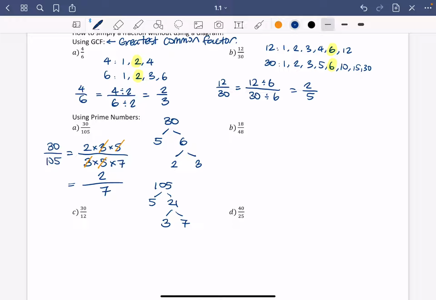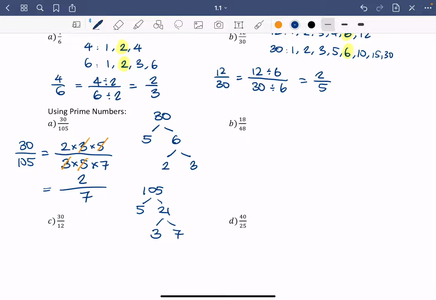Okay, let's try another question. Okay, 18 is equal to 3 times 6, and 6 is equal to 2 times 3. Okay, so the top will be 2 times 3 times 3.